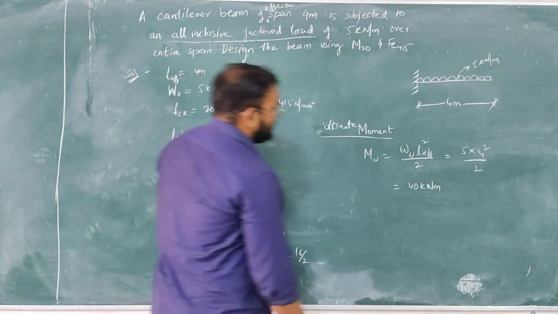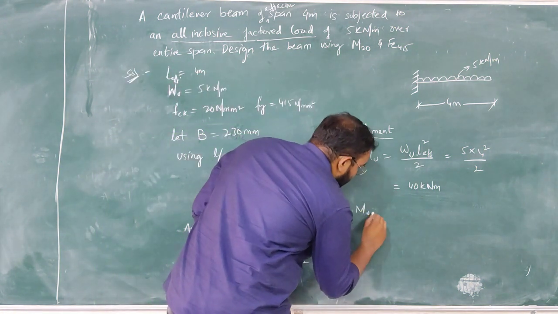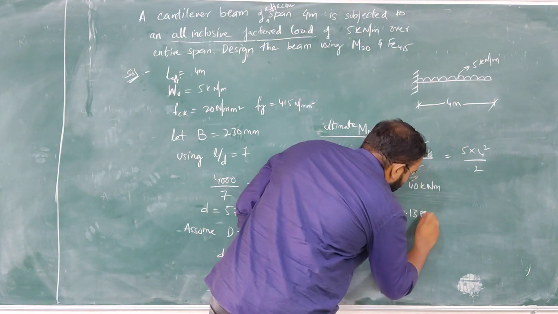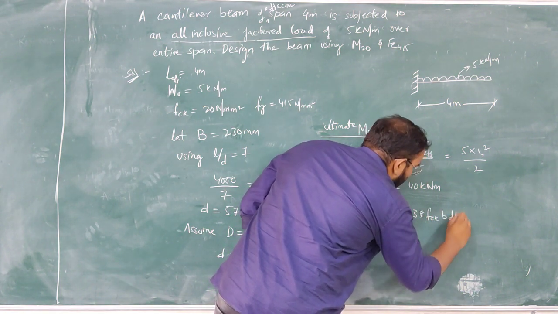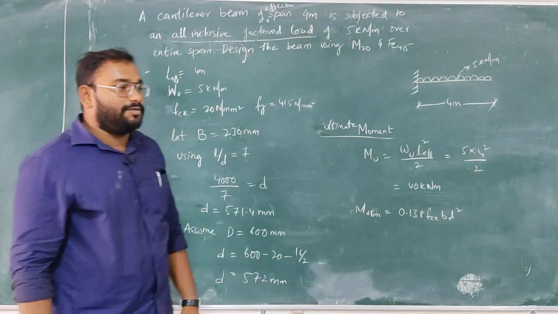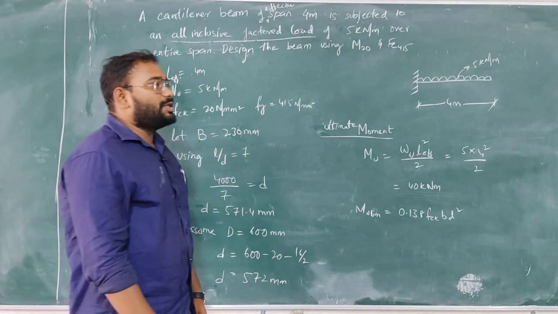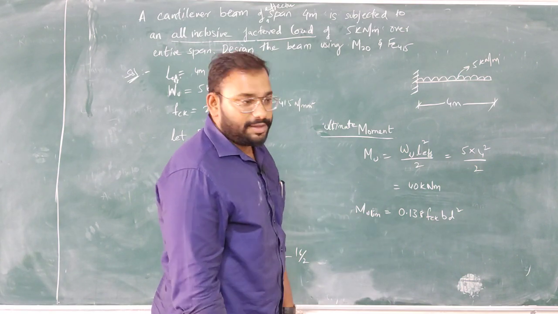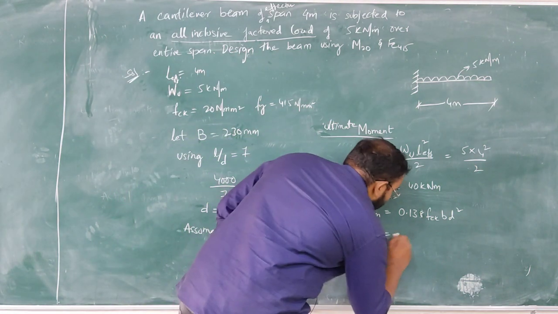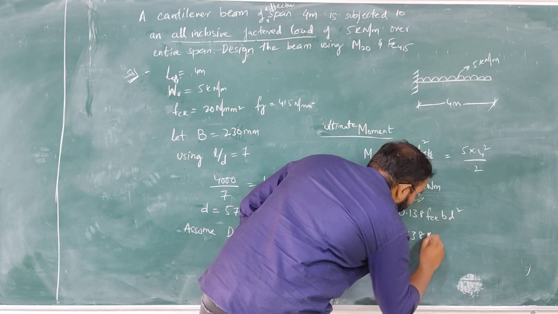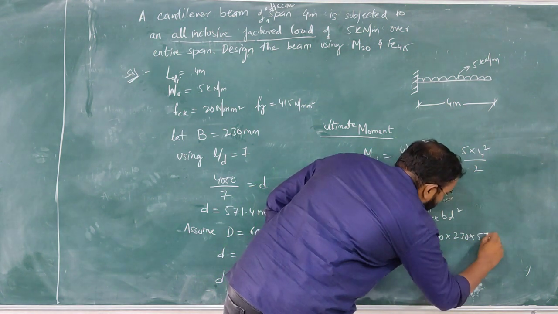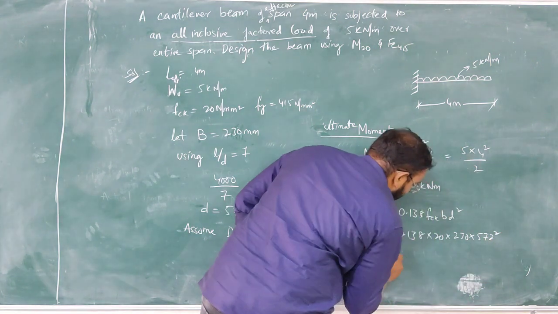Okay, now next, Mu lim is equal to 0.138 fck bd square, directly using the formula for Fe415. For Fe415, if you substitute Xu max is equal to 0.48 d, this is the final answer you will be getting. So substitute in this one, 0.138 into 20 multiplied by 230 into 572 square.